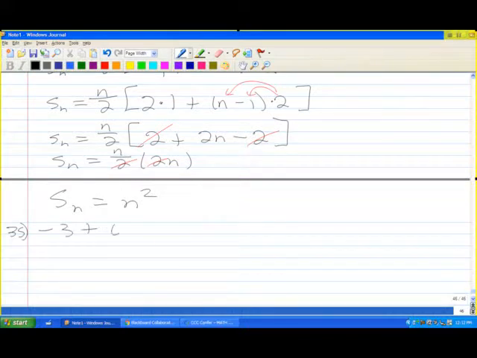-3 plus 0 plus 3 plus 6, etc. And so let's derive a formula for adding up the first n terms of this.